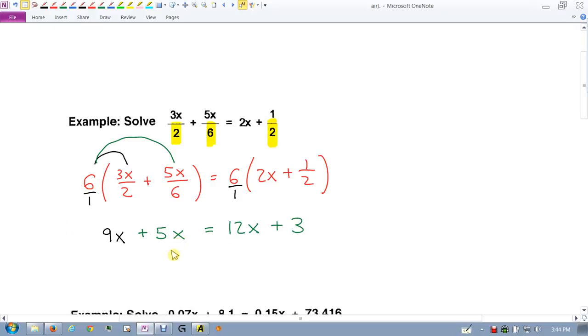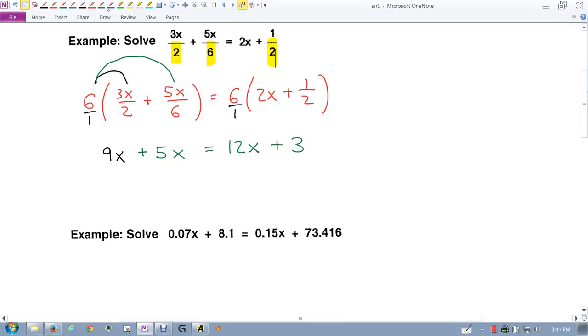Now I go back and continue the step. Collecting like terms, left side is 14x. And now we can solve the rest, right? We get the x's all on one side. What should I do to get the x's on one side? Subtract 12x on both sides.